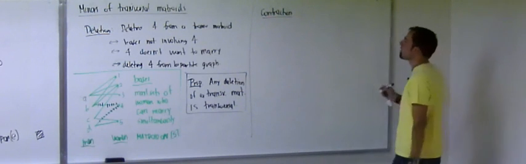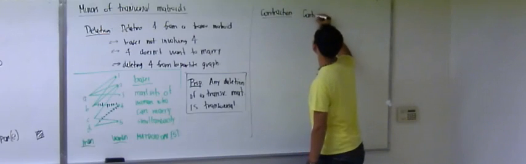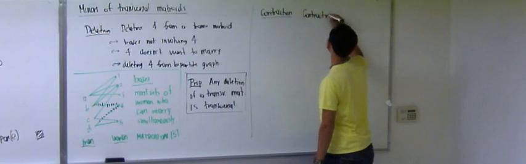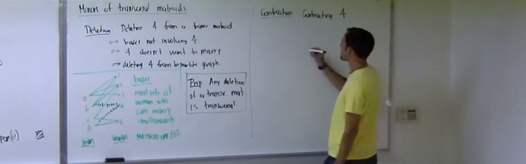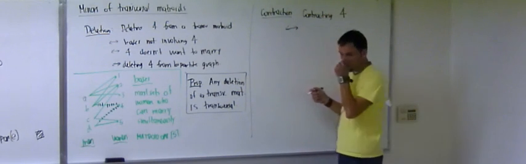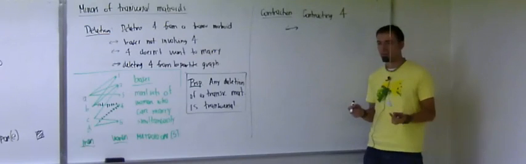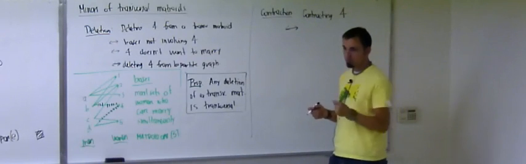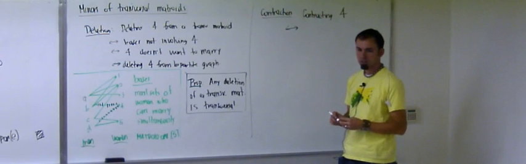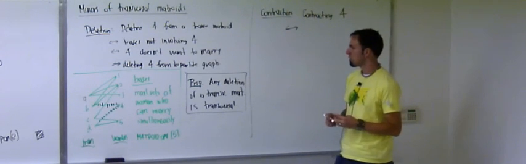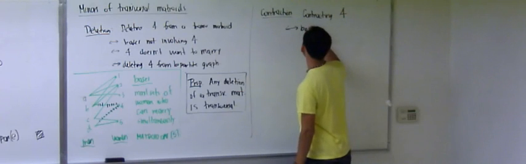Okay, so what does it mean to contract element 4? Well, remember that if we contract a single element from a matroid, what we're saying is that we're considering all the bases that do contain that element. So these are the bases that do involve 4.